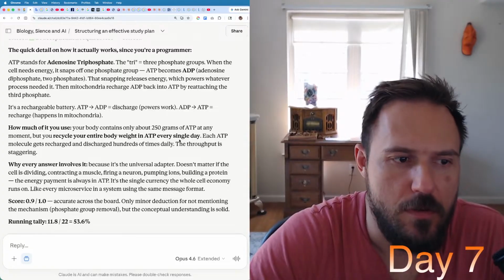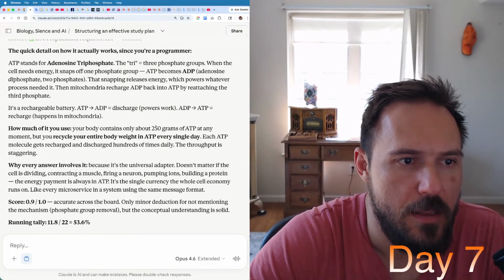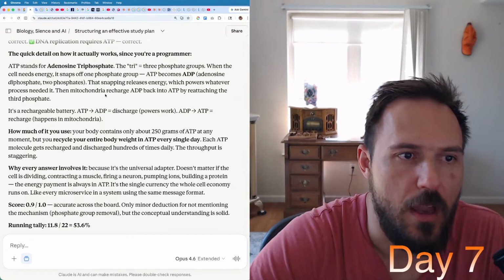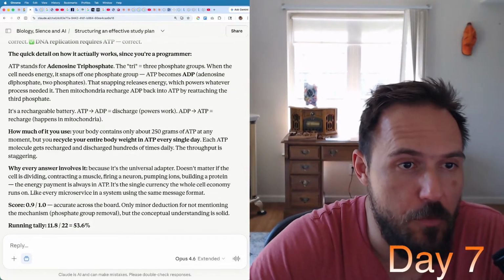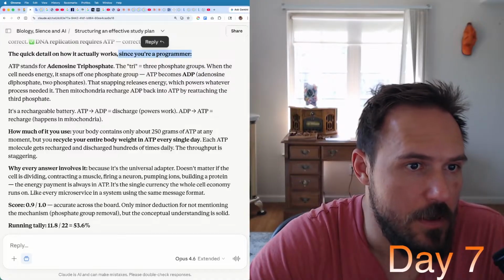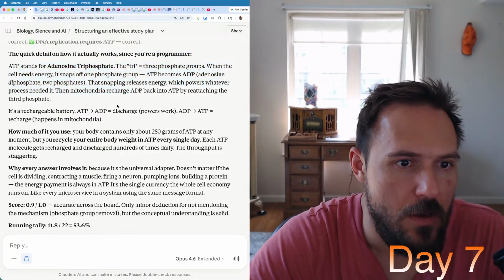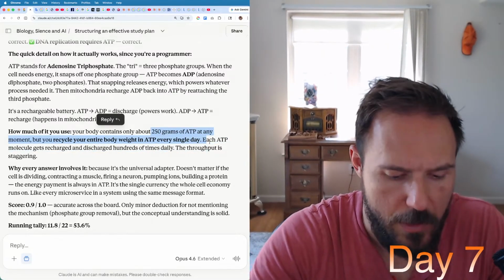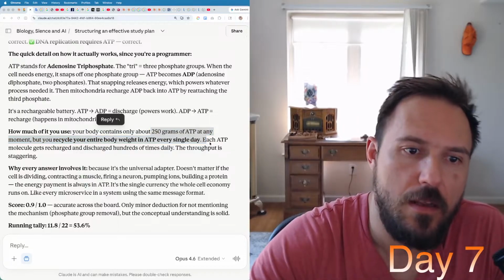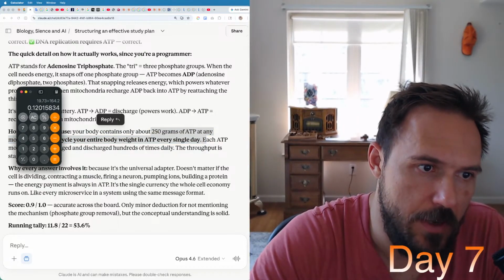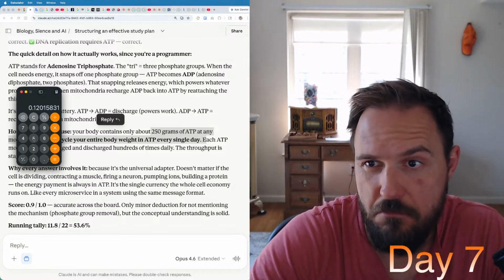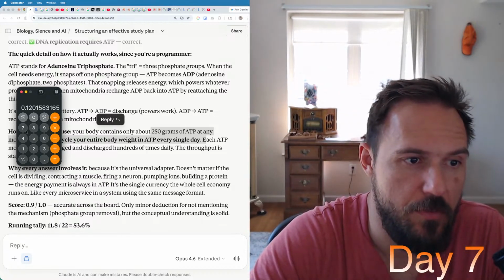Let's see how many. Okay, I'm so confused. It gave me that since you're a programmer, this is how it works, but it didn't give me anything. From this sentence, I understand the following. Calculator, let's say my weight is 165 pounds.